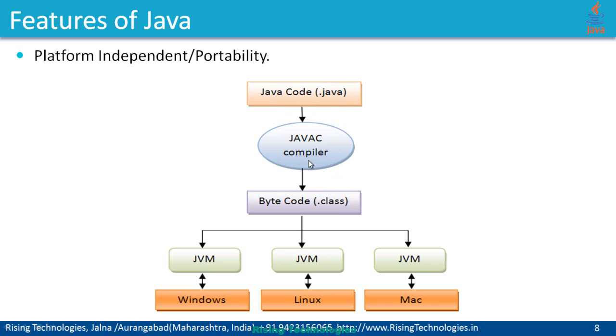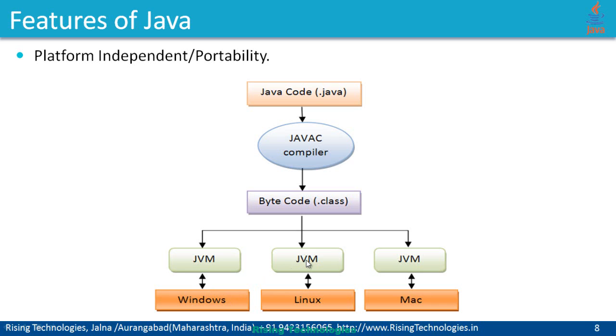Once you have translated your Java program into bytecode, all you need to do is implement the respective JVM with the respective operating system. You don't need to compile your program separately for each different operating system. You have just translated your program into bytecode, and the JVM designed for the Windows operating system is going to receive this bytecode and translate it into underlying native code.